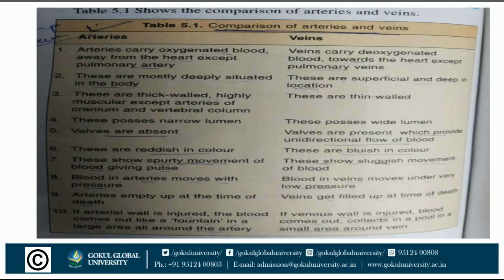Arteries possess a narrow lumen, and veins possess a wide lumen. Valves are absent in arteries. Valves are present in veins, which provide unidirectional flow of blood. Arteries are reddish in color, veins bluish in color.